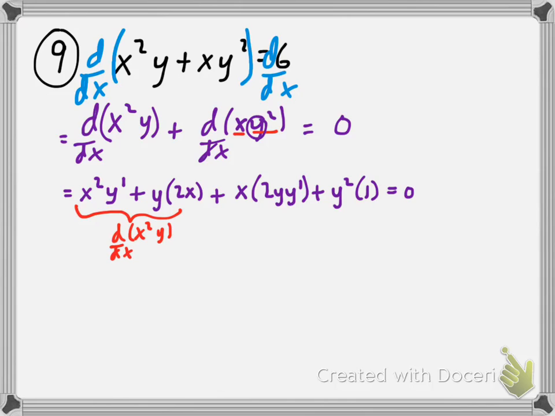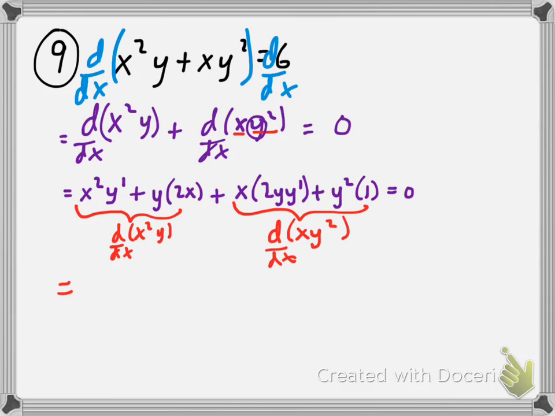And so we get one big long expression here on the left side equaling 0. By the way, the third and fourth terms represent the derivative of xy squared with respect to x.